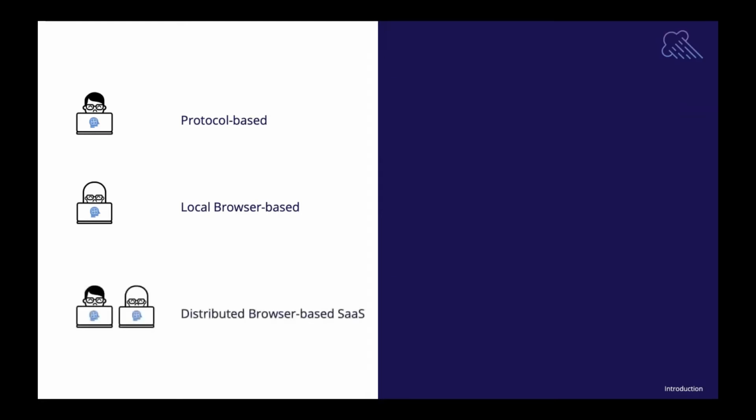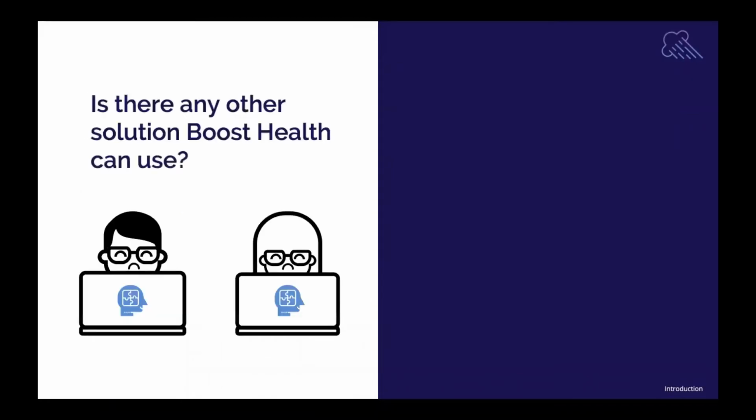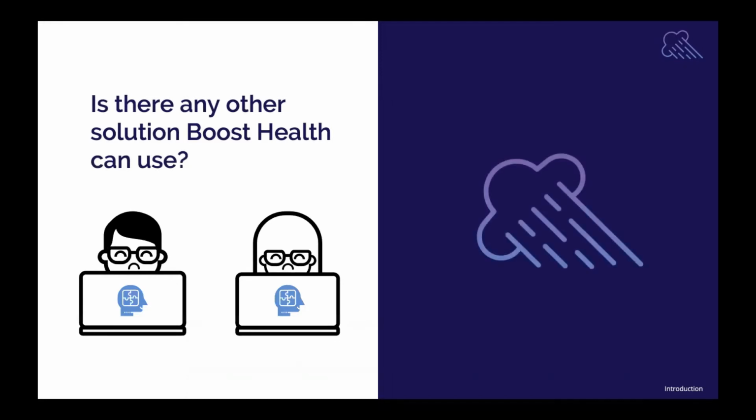Third, they tried browser-based load testing in the cloud with the Flood platform. However, this proved prohibitively expensive. So the team searches for a more economical option for browser-based load testing in the cloud. In short order, they come across an open source tool called Monsoon. Now I'll pass things over to my colleague Raul. He'll give us an overview of what Monsoon can do and whether it's a good fit for Boost Health.